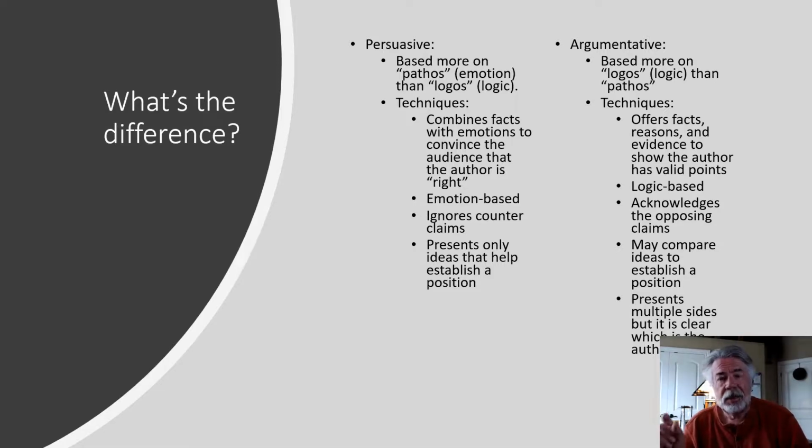That is an argumentative approach. In persuasive, you don't necessarily want to raise the other side, although you certainly can, but that's less important than using a combination of your research and storytelling and connection to people's emotions to make your case.